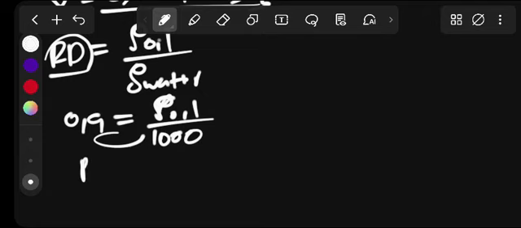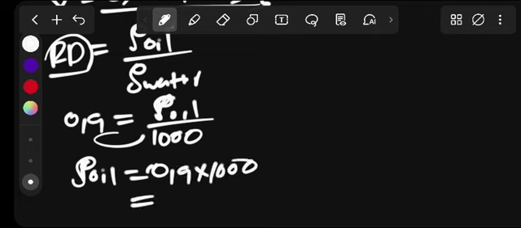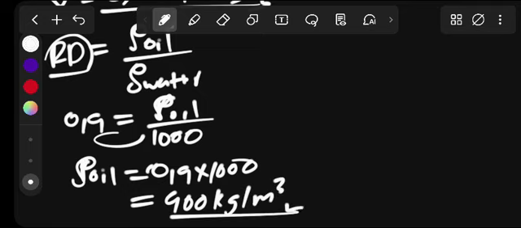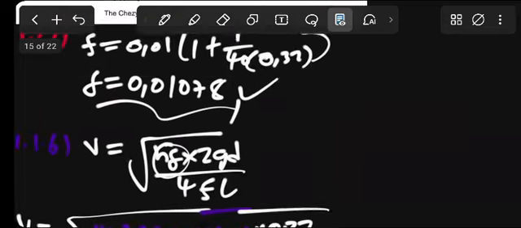Multiplying there, we have the density of oil, 0.9 multiplied by 1000, which will be 900 kilograms per cubic meter. All right, so we have that density.